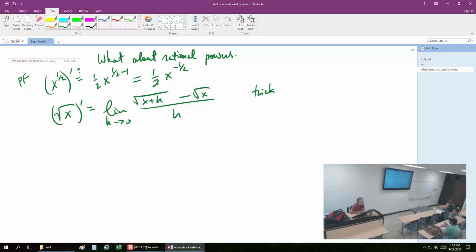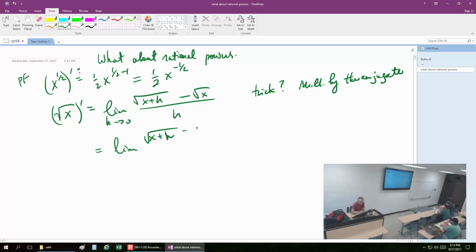Remember what the trick is we used some time ago? Multiply by the conjugate. Multiply and divide by the conjugate. So it would be the limit of square root of x plus h minus square root of x, and then I multiply by the conjugate of this, square root of x plus h plus square root of x.